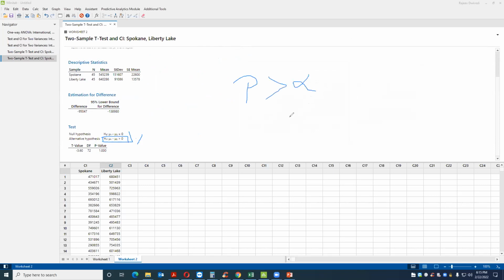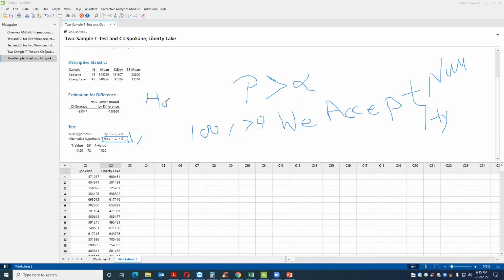So we fail to reject, or in simple terms, we accept the null hypothesis. Why? Because p is greater than the alpha value. P is like 100% and alpha is 5%.